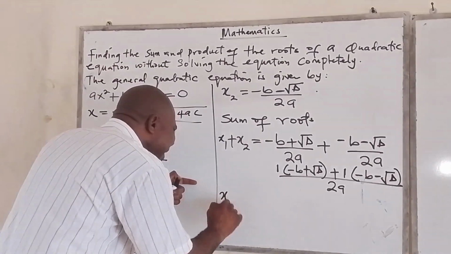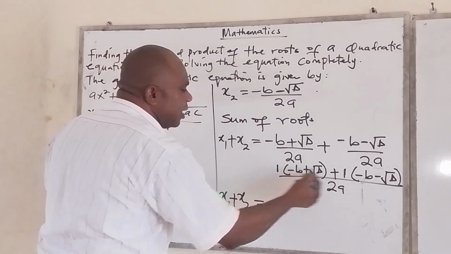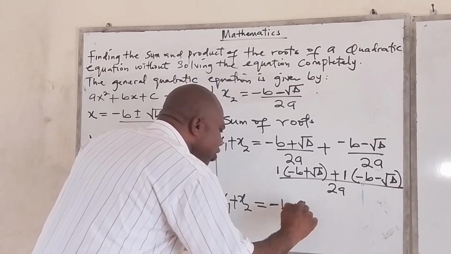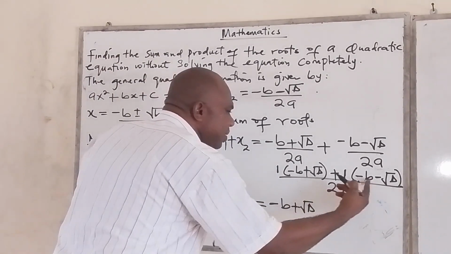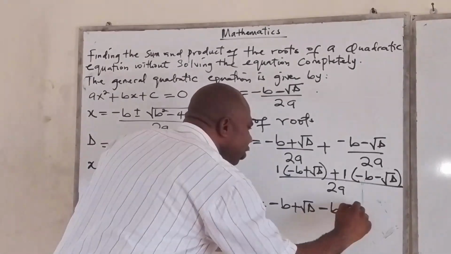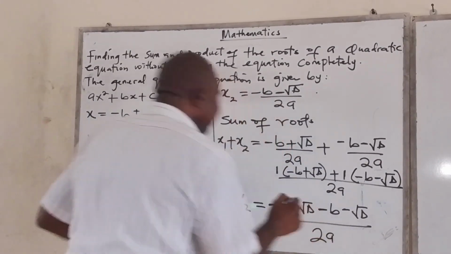Now, it means that x1 plus x2 will be equal to minus b plus the square root of d, minus b minus the square root of d all over 2a.